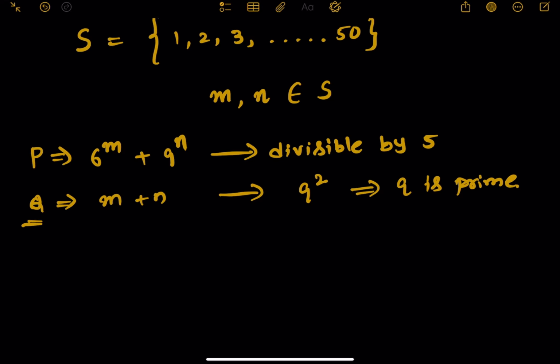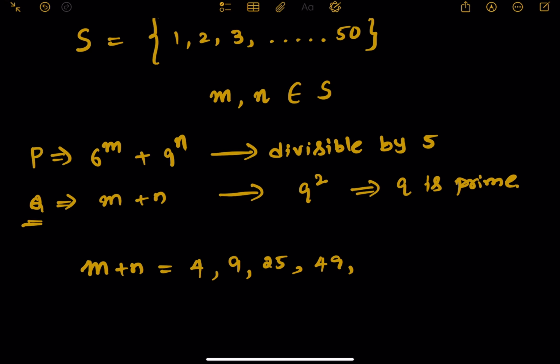Now let us try to find out q first. So m plus n should be a square of a prime number. So m plus n can be 4, which is 2 square, or 9, which is 3 square, or 25, which is 5 square, or 49, which is 7 square, and that's all.